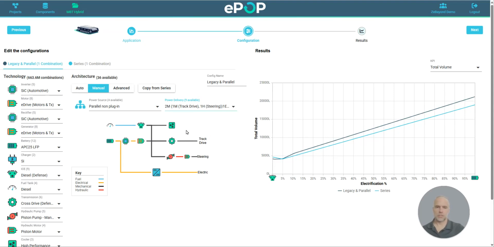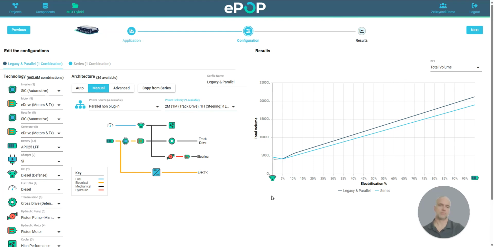So let's look into some results. What we have here on the right is, even though we have the configuration and the technologies, we don't know what the optimal size of, say, the hybrid battery would be. There could be many different sizes, and those drive different energy and power characteristics.